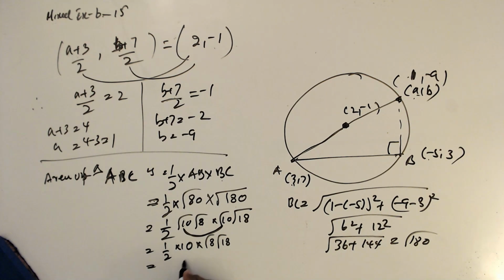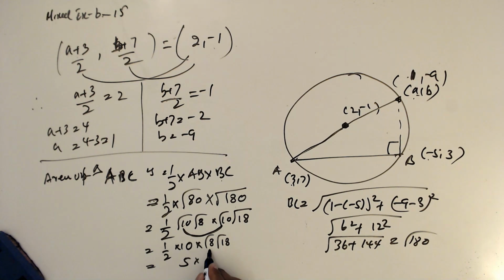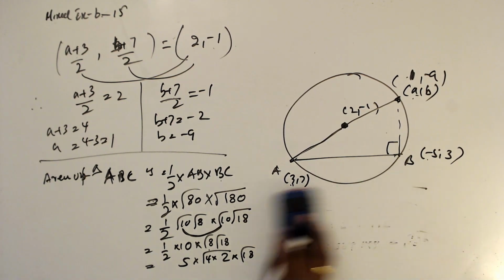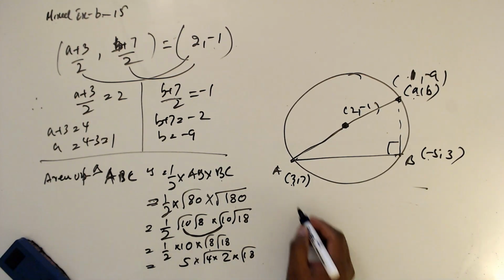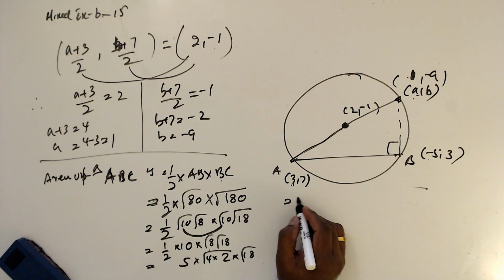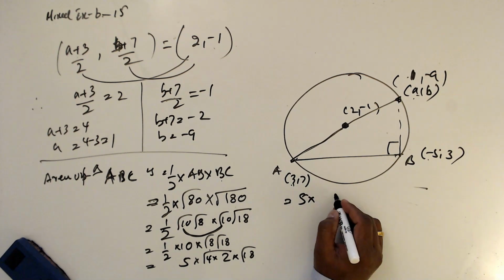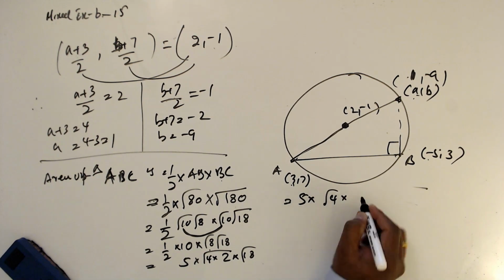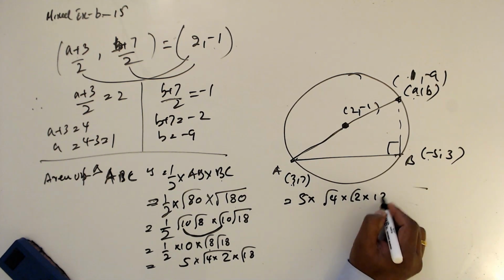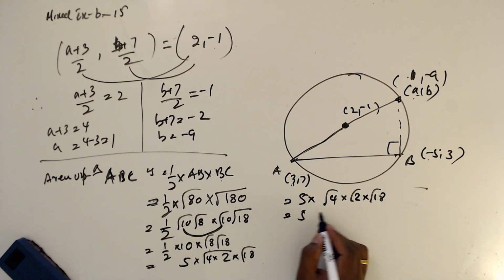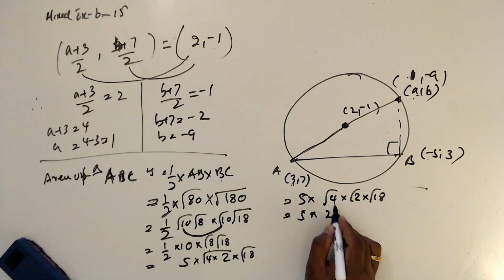Now half, this is 5. I can write square root 8 as square root 4 times 2 times 18. So this is 5 times the square root 4 times the square root 2 times square root 18, means 5 times 2 times square root of 4.